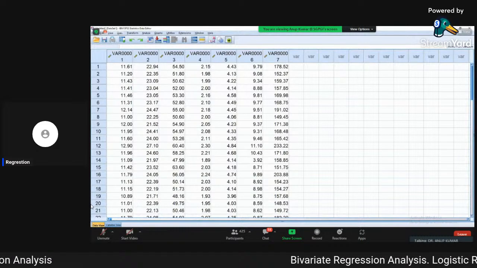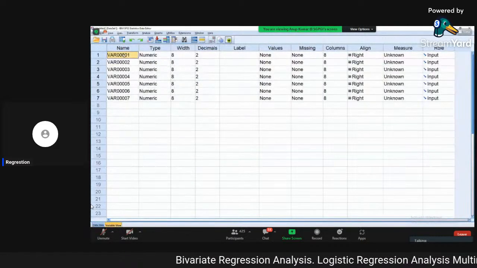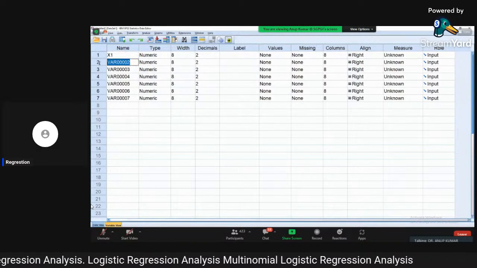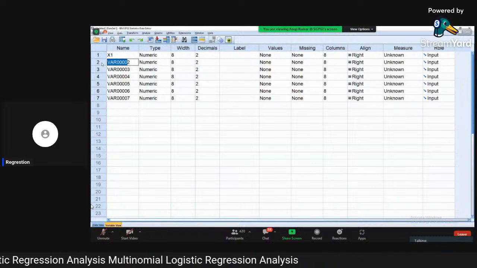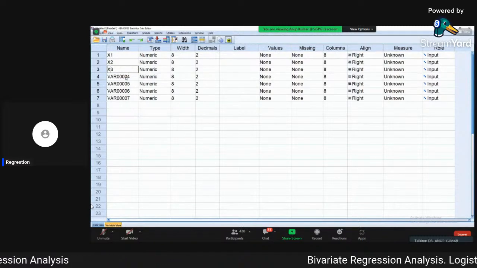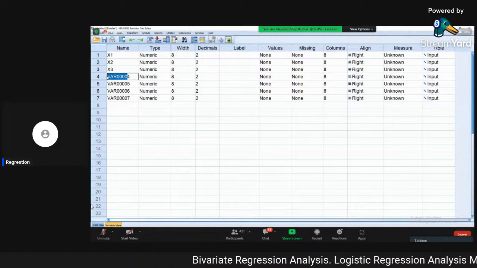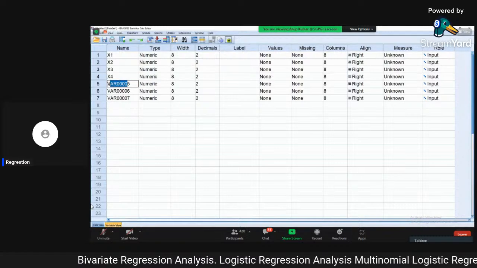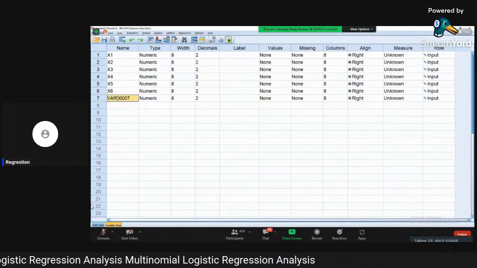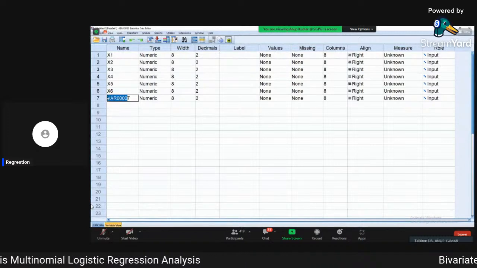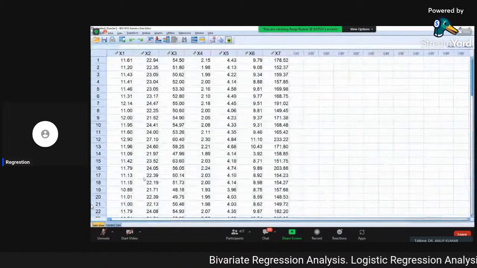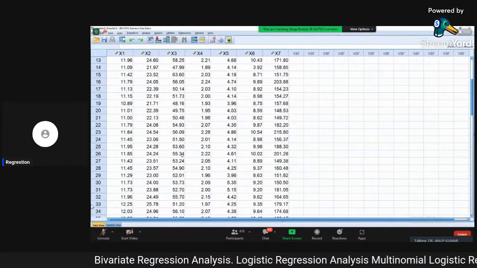And then I will name the variables x1, x2, x3, x4, x5, x6, and x7. So this is my data set. If I go to the data view, this will look something like this.